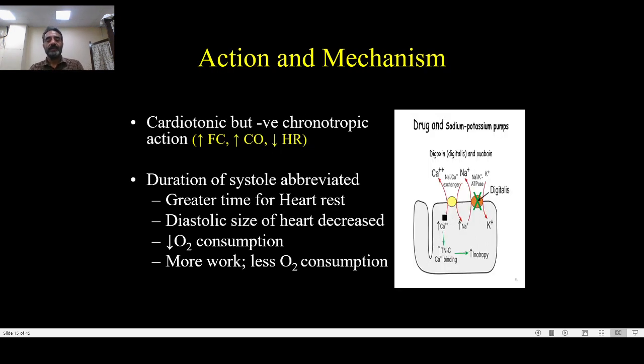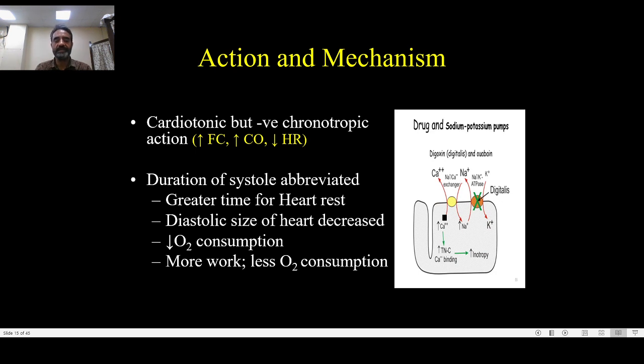Then, regarding the mechanism of action and what is the basic action of these drugs, they are cardiotonic drugs. They have got a positive inotropic action.